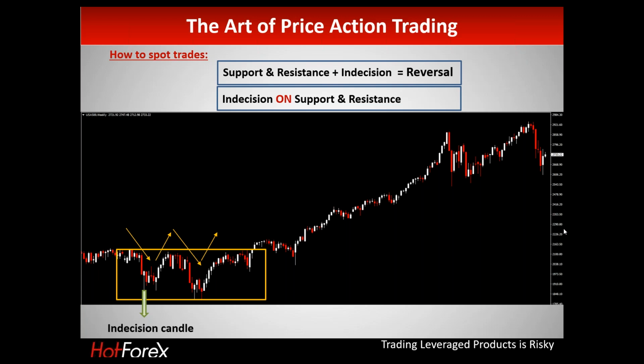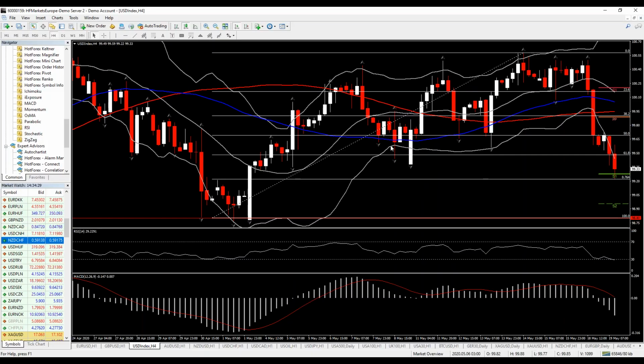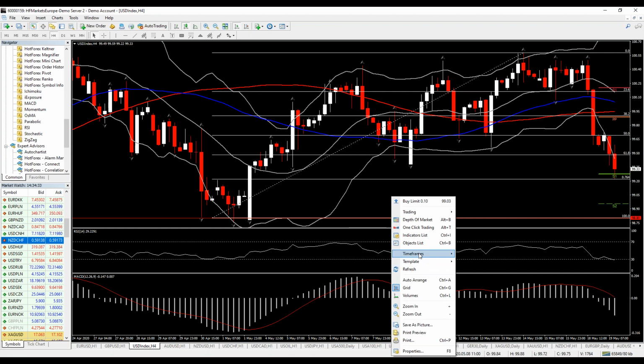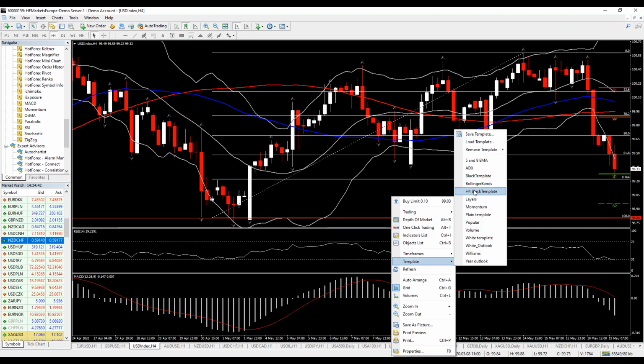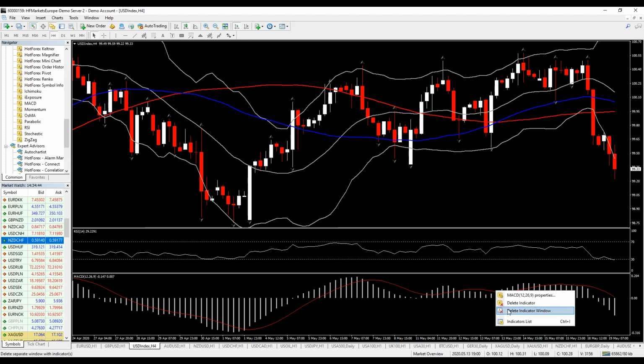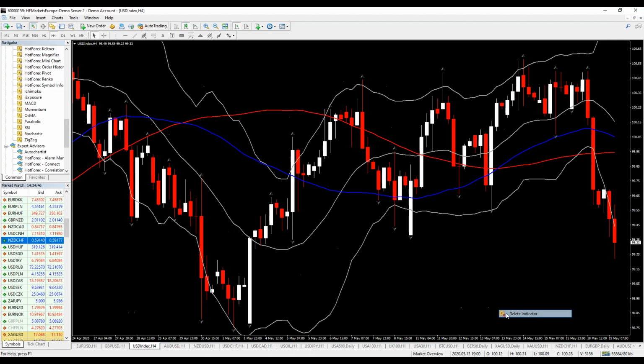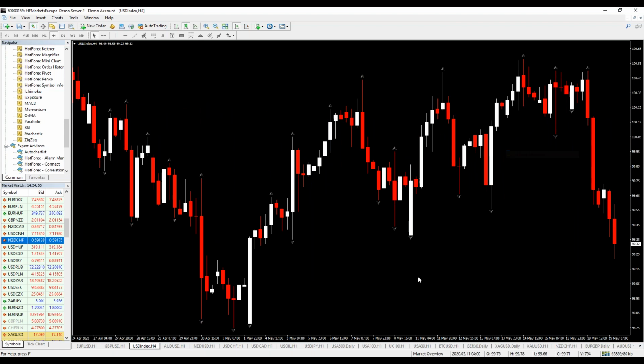No, I'm not using MACD. MACD is on my MT4, but it has nothing to do with price action. Sorry for that. That was because I was doing an analysis earlier on the US dollar index. But price action trading is solely without any kind of indicators.